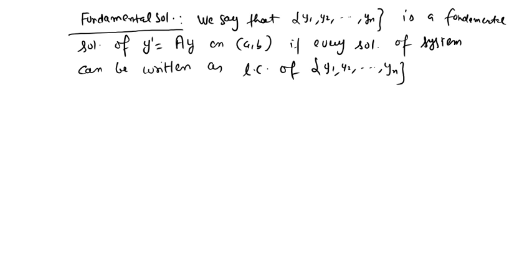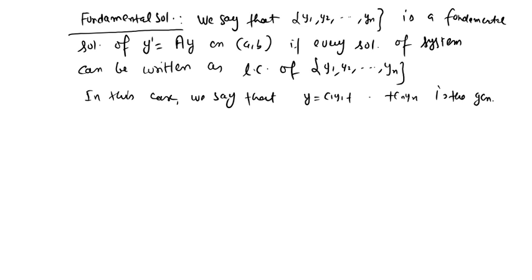And in this case we also say that the linear combination y equal to c1 y1 up to cn yn is the general solution of the system y' = A(t) y.